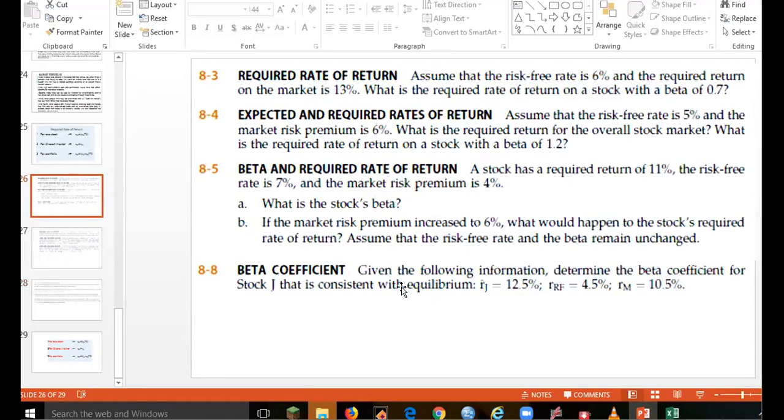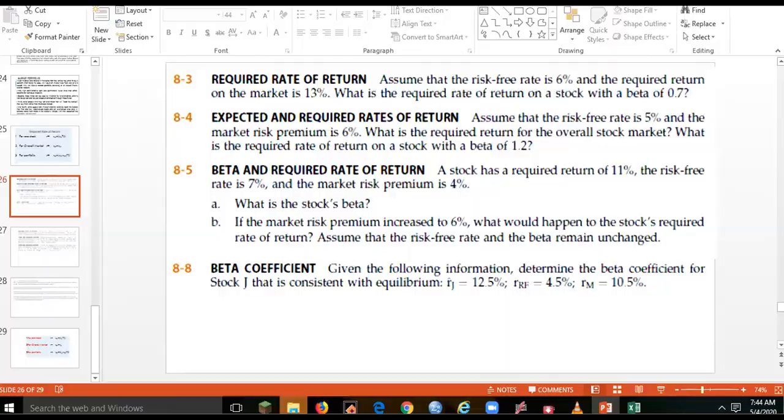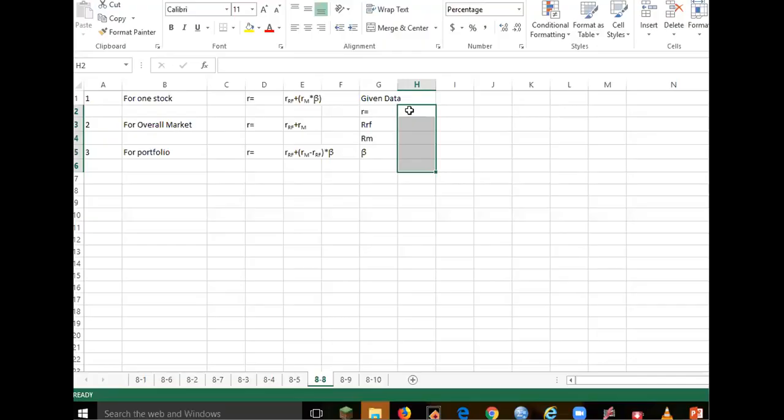So for determining the beta coefficient for stock J that is consistent with equilibrium, we will use the formula of CAPM.